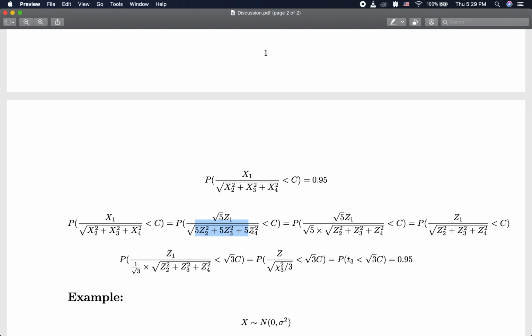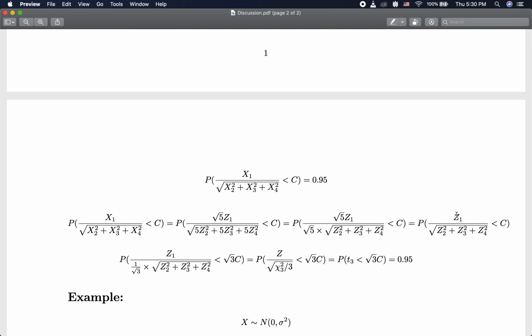So we have 5 multiplied by a standard normal squared. Okay. So now we are going to bring this square root of 5 outside, and then it will cancel out the square root of 5 on the numerator, and then we are left with this term here.